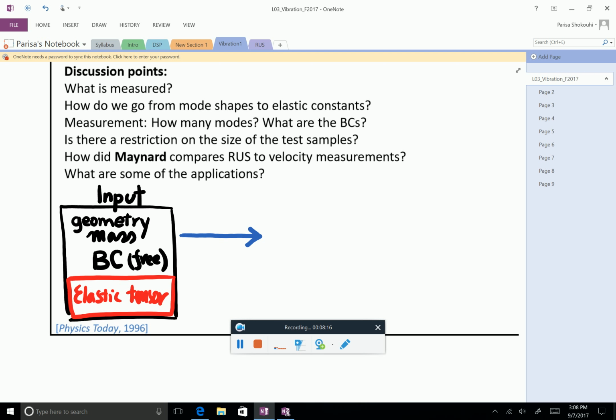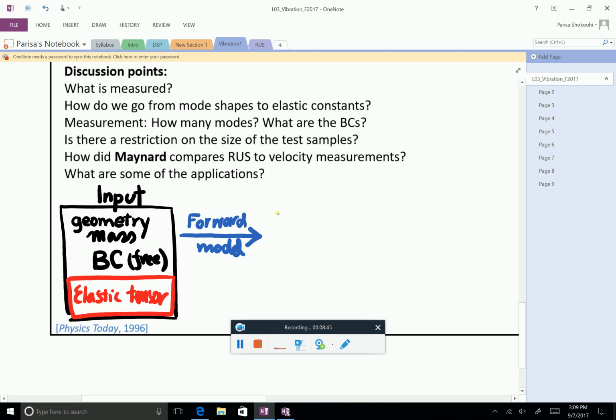In the old times, people were calculating that, and now you use COMSOL, for example. You just give in whatever geometry and whatever boundary condition you have, so it becomes much more versatile. You do what I call the forward modeling, and you get the mode shapes.